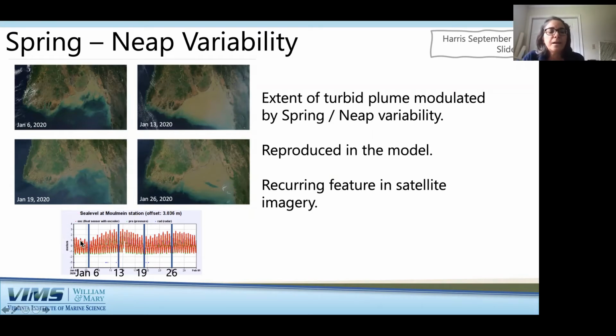The red time series on the bottom is just showing us the timing of the spring tides compared to the neap tides. And then each of these points with the blue line is when we were able to get a satellite image. So these two on the left line up with neap tide conditions, and the two on the right line up with spring tide conditions.